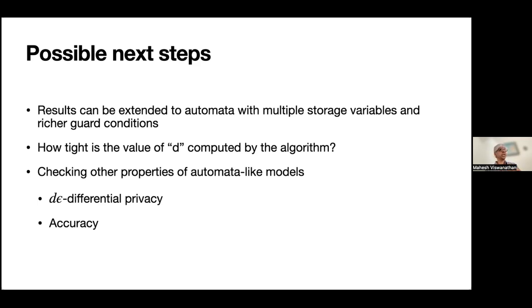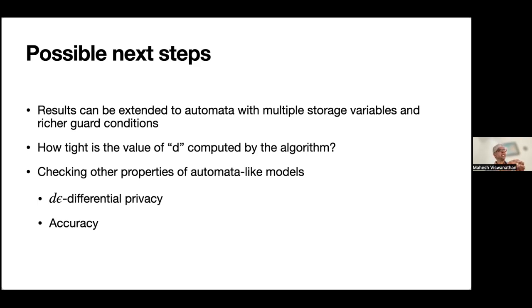We can also generalize the conditions that are used in the guards, and that allows us to model a larger class of algorithms. So the definitions of the automata, and the definitions of necessity and sufficiency, become more complicated, but the complexity of the algorithm remains the same. It's still a linear time algorithm.